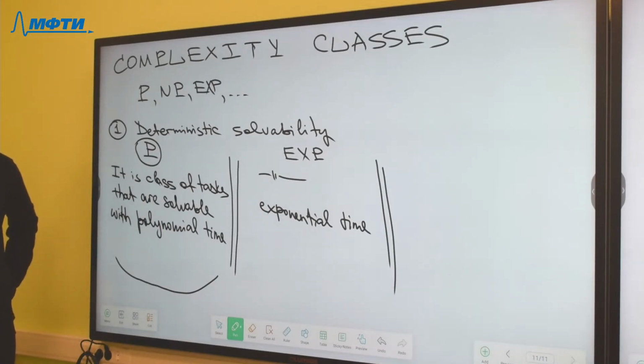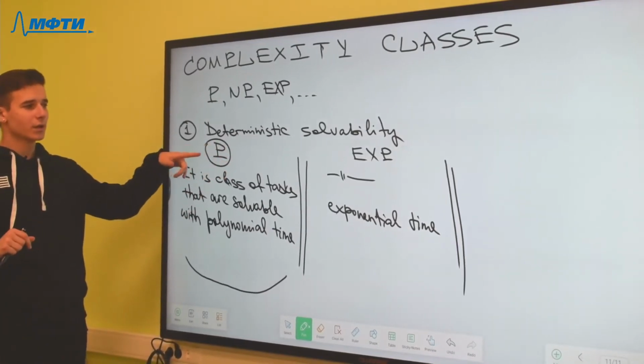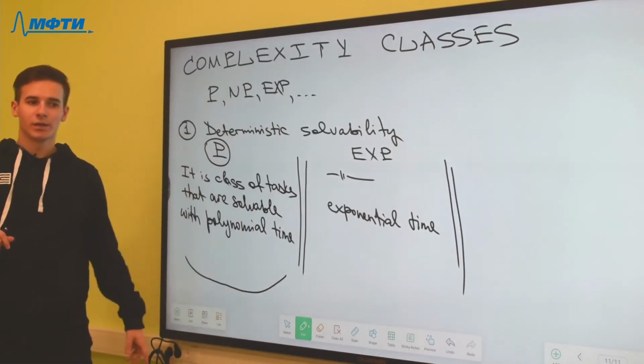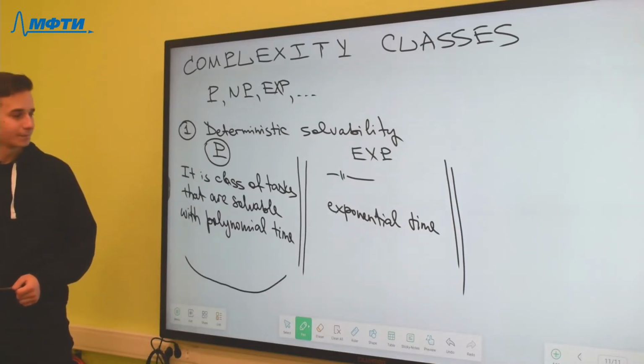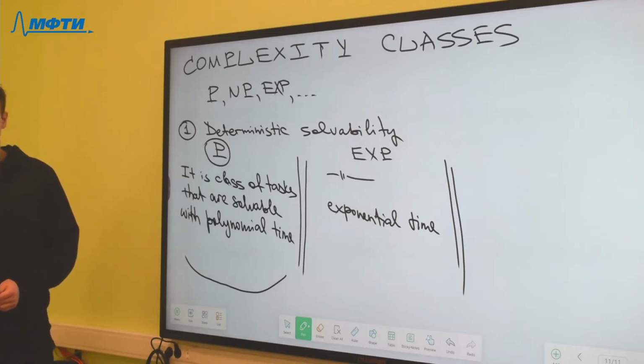And of course we face some tasks that we don't know whether they are in the P class or not, but we know that they are in EXP time, and we know some tasks that are EXP complete, so they are very hard tasks.